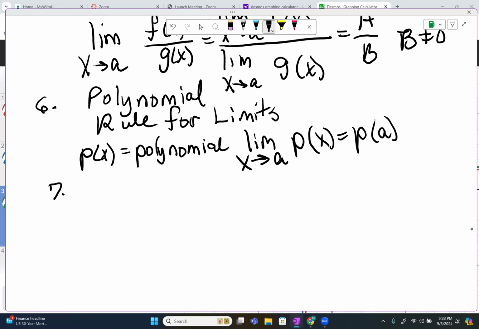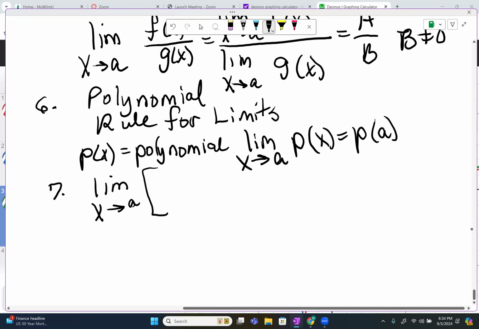So in the power rule, you're looking at the limit as x approaches a of f of x to the kth power.